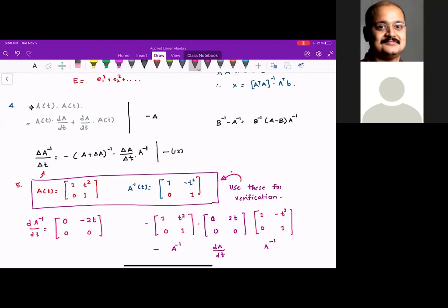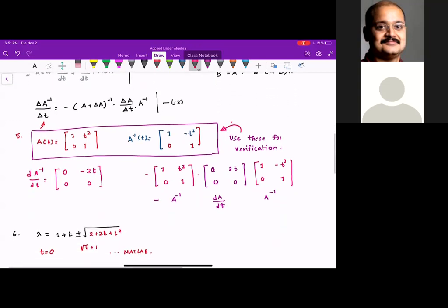What it means is A times delta A is not equal to delta A times A. Just keep that in mind and you should be okay. Any other questions?